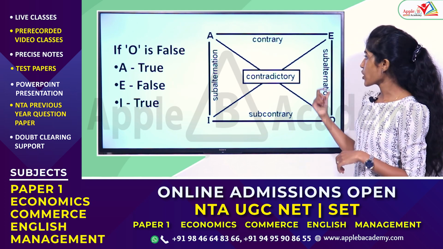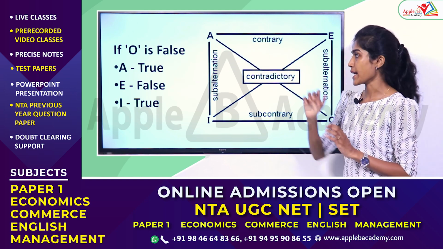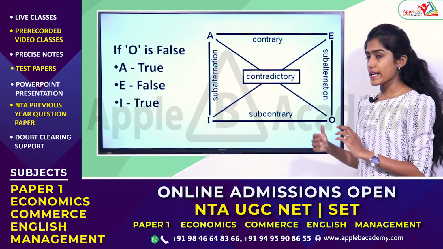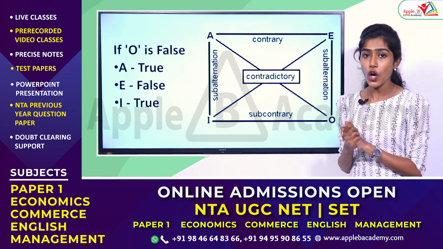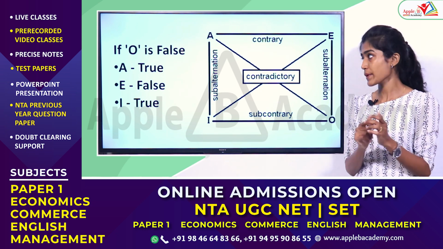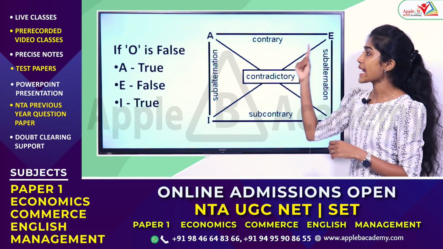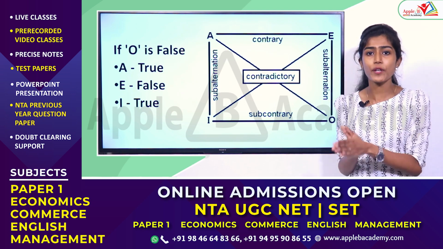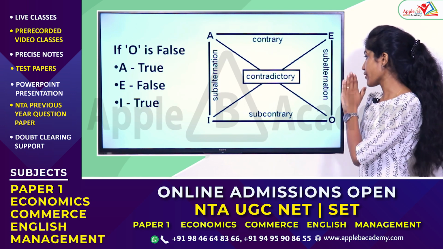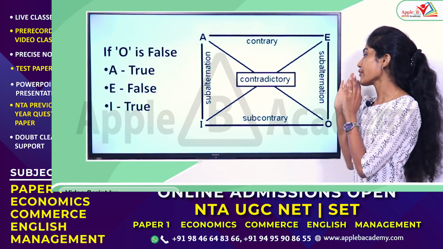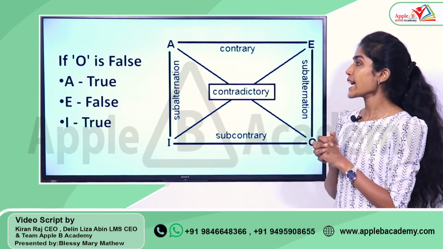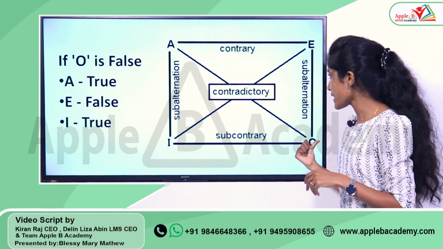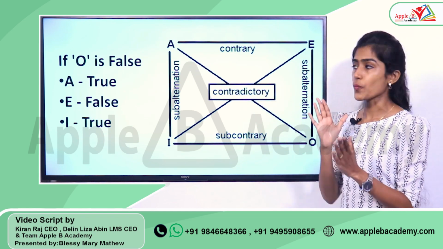First consider A. A and O are contradictories, so they cannot be both true or false together. If O is false, A will be true. If O is true, A will be false. In that way, if O is false, then definitely A will be true.